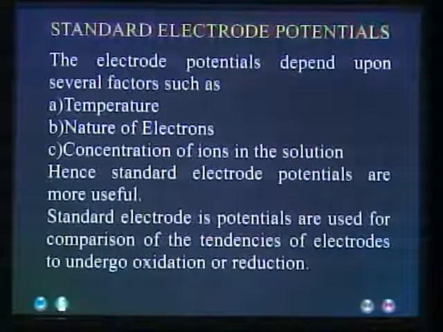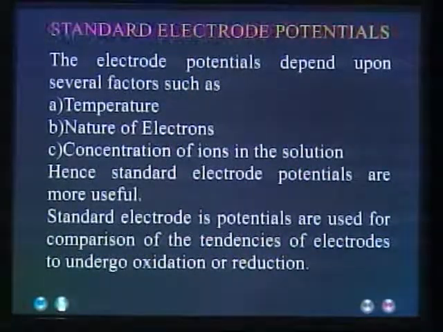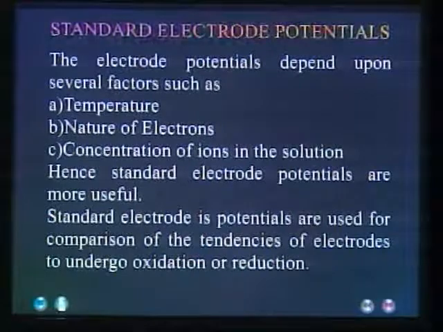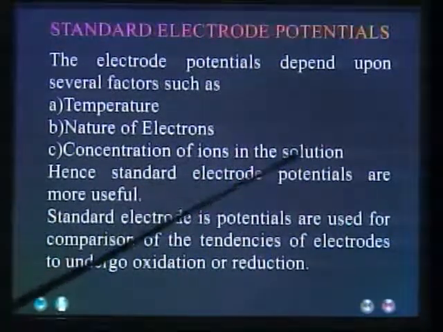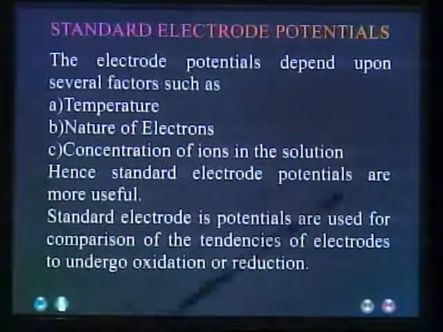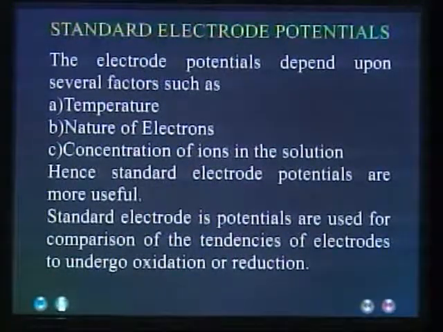Though we can define electrode potentials as given earlier, they depend upon several factors such as temperature, nature of the electrode, and the concentration of the ions in solution. Hence, the simple electrode potentials are not useful to say which metal undergoes oxidation or reduction when the two metals are present in a galvanic cell.